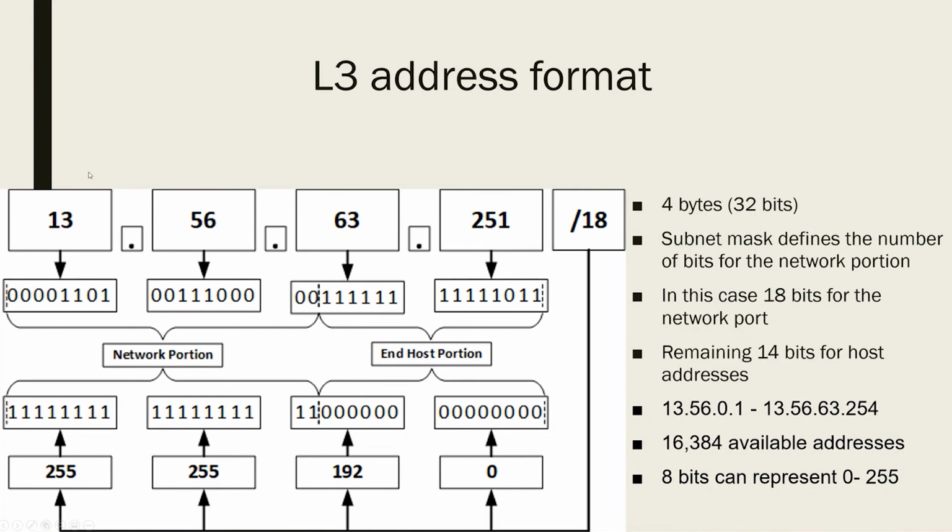So IP addresses are formed of 4 blocks of 8 bits, each one being referred to as an octet. That can represent a human readable number. So in the case of this string of binary, that represents 13.